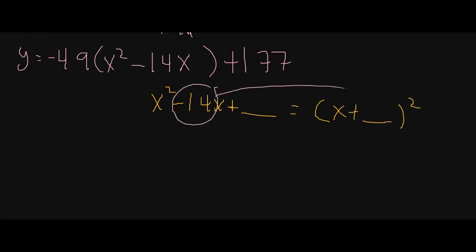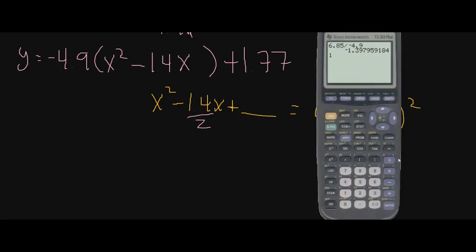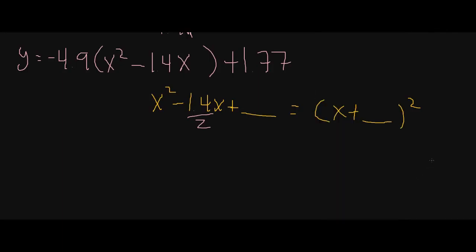We're just going to divide this by 2, right? So negative 1.4 divided by 2. And that's negative 0.7, so we're going to get negative 0.7, right?